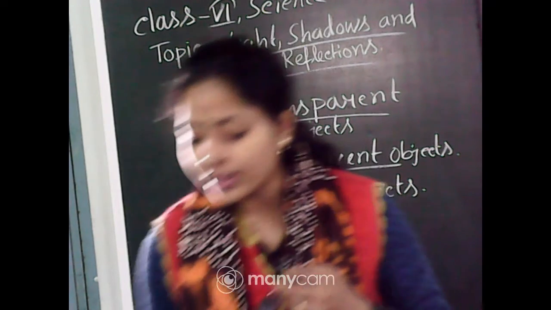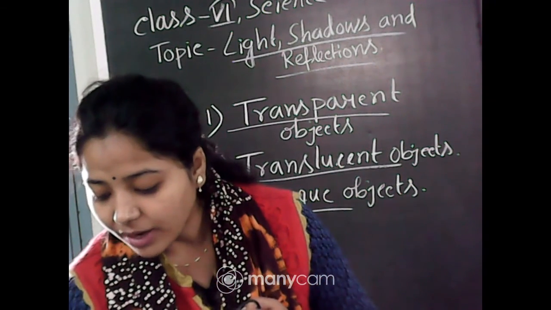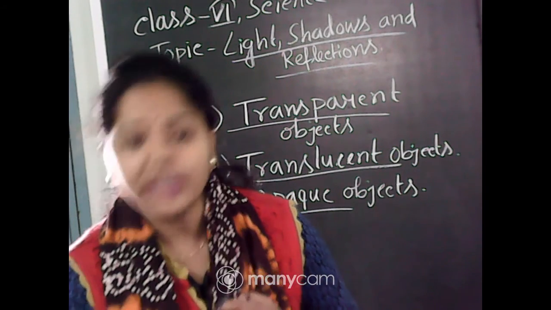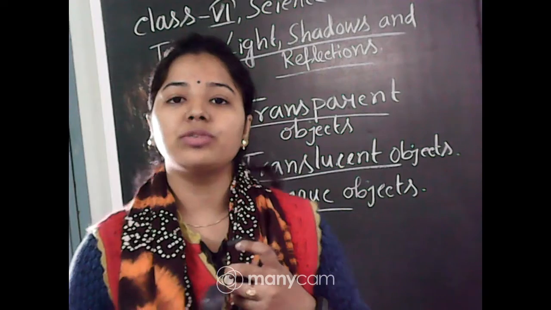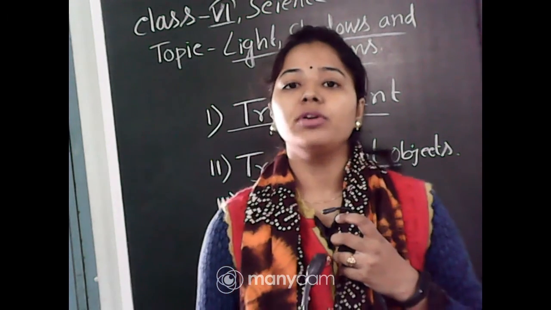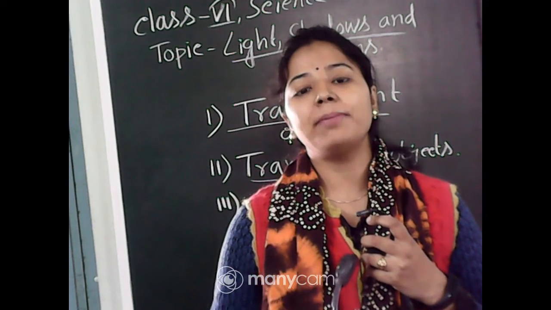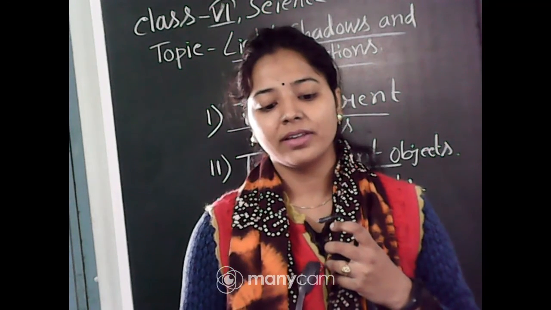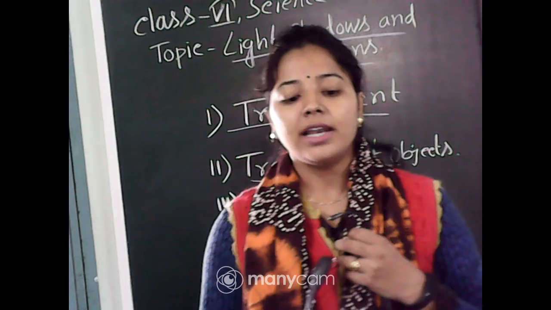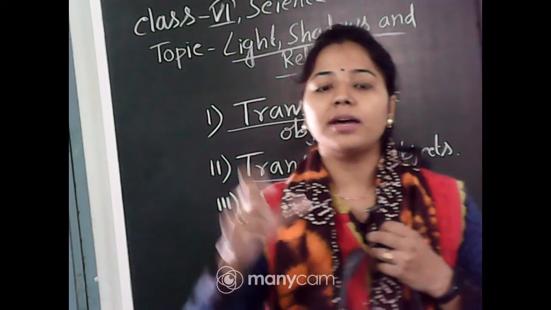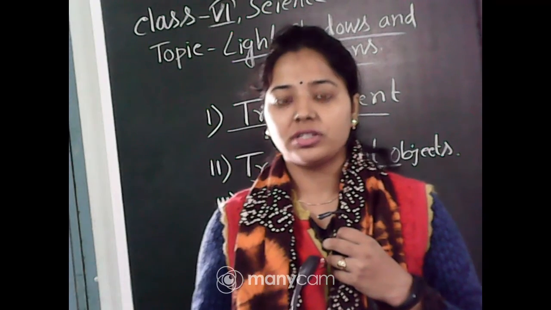Actually, what is happening while light is passing through an opaque object, light does not pass through them, and that casts a black patch. You know what is that black patch? Who can say? When light cannot pass through it, such objects cast a black patch.